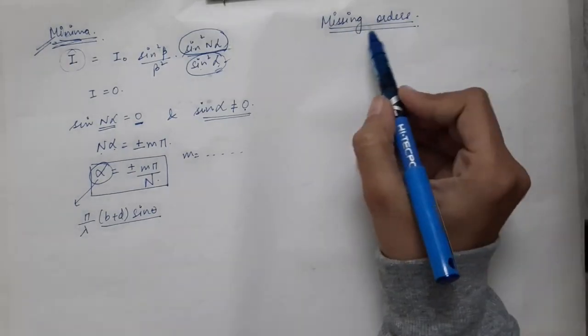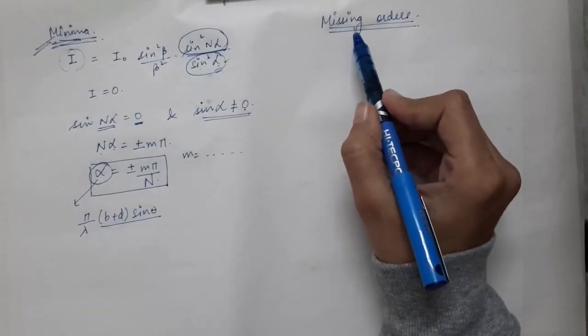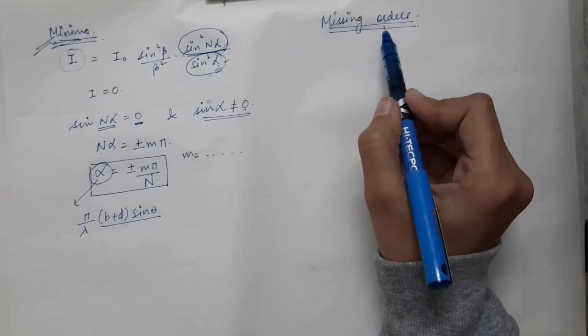We are going to see the various orders that are missing in the diffraction pattern of the multiple slits.